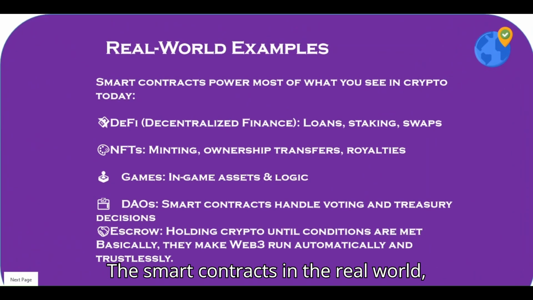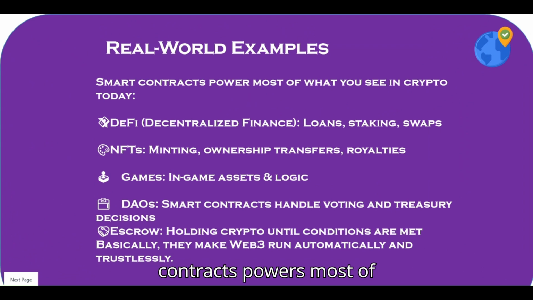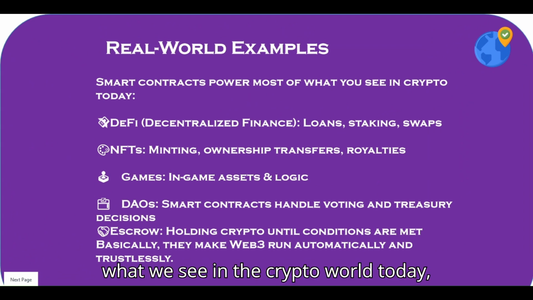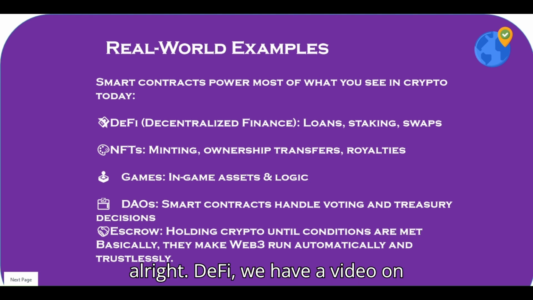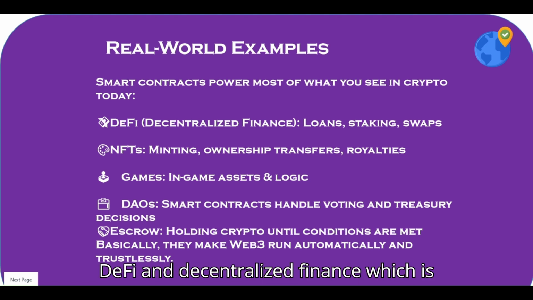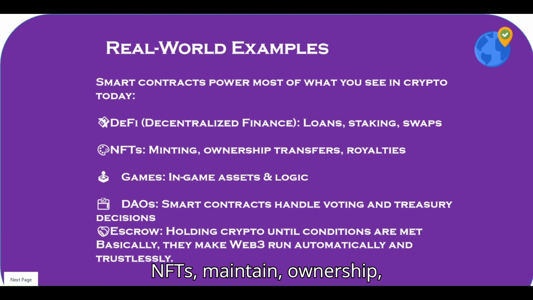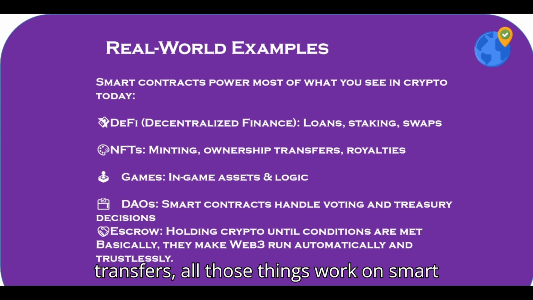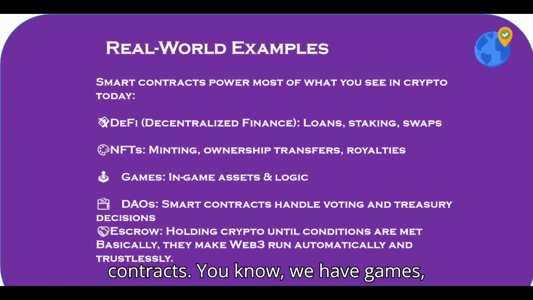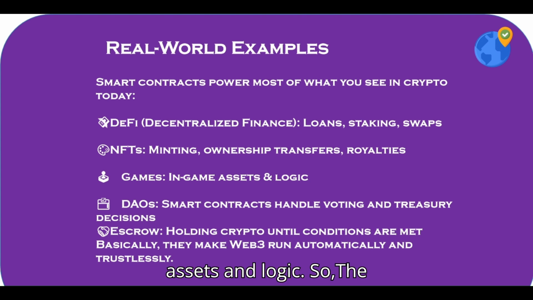Now, smart contracts in the real world, some real-world examples. Smart contracts power most of what we see in the crypto world today. DeFi, we have a video on DeFi and decentralized finance, which covers loans, staking, and swapping. We have NFTs: minting, ownership, and transfers all work on smart contracts. We have games, assets, and logic.